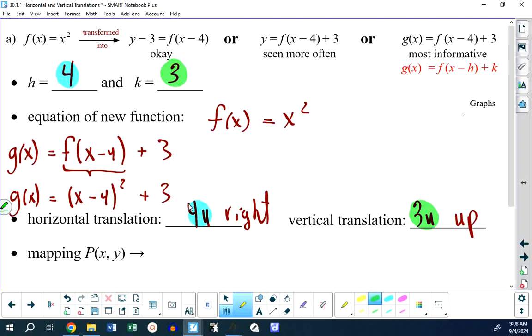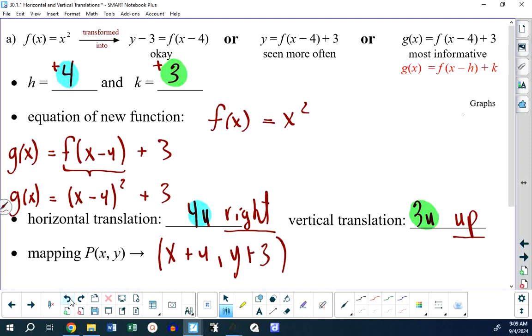So we're going to be tying the sign of the parameter to the direction of the translation. K happens to be a positive number, and up is positive. So what is the mapping? The mapping is that: x plus h, y plus k.